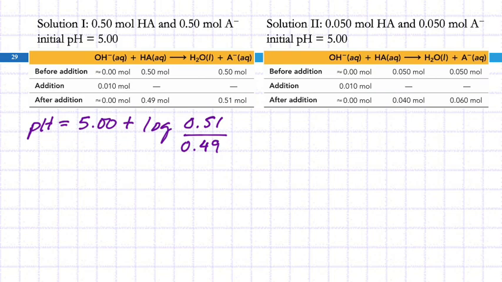Five plus log of 0.51 divided by 0.49. So the new pH is 5.017.